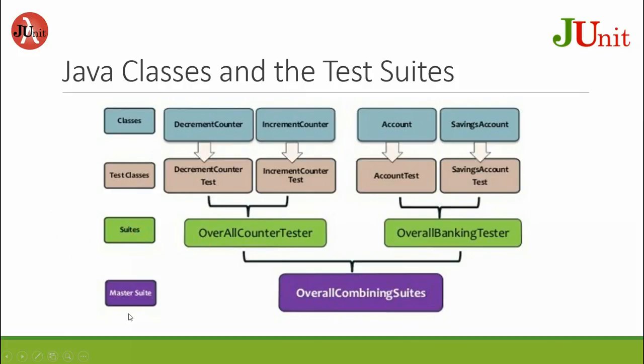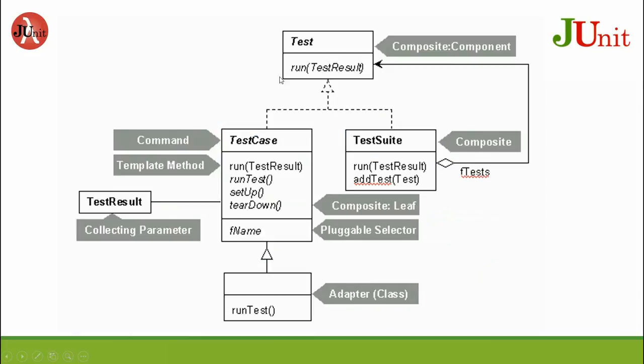And then there will be a master suite to combine them all. So you develop from the data class, and then the test class, and then combine into a suite, and then eventually there's a master suite that will be covering all the tests for the system. And right here shows you the relationship between test case, test suite, test, and test result.